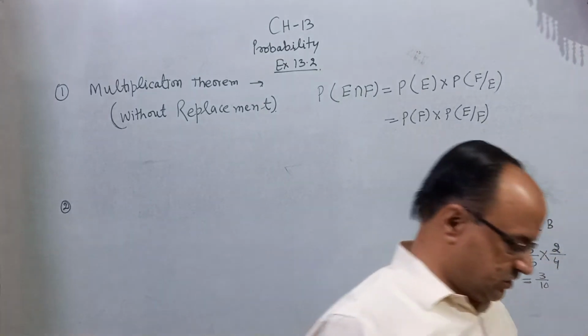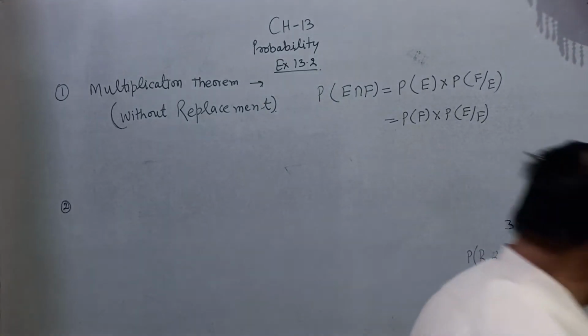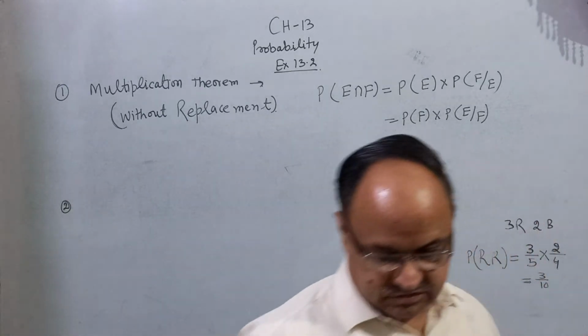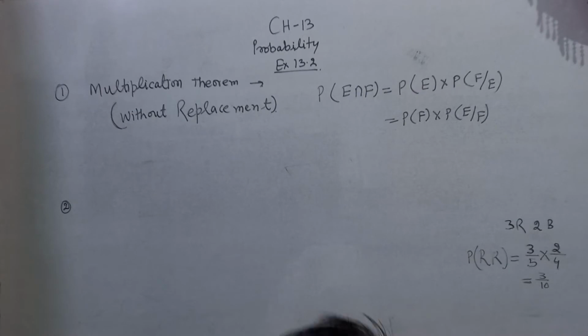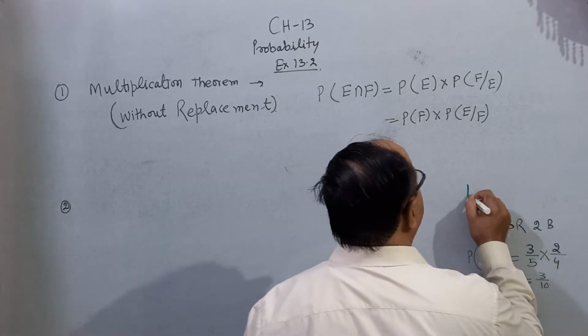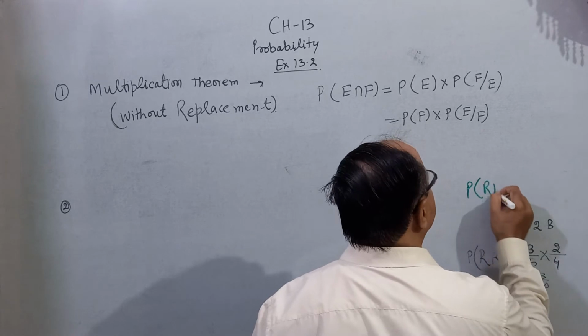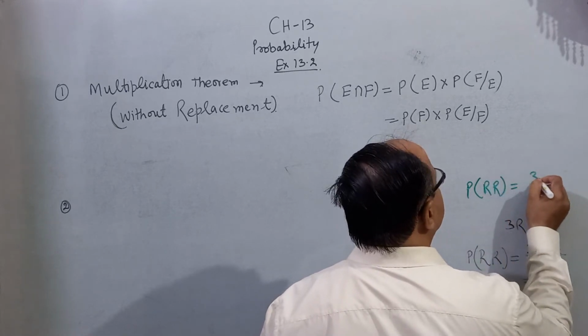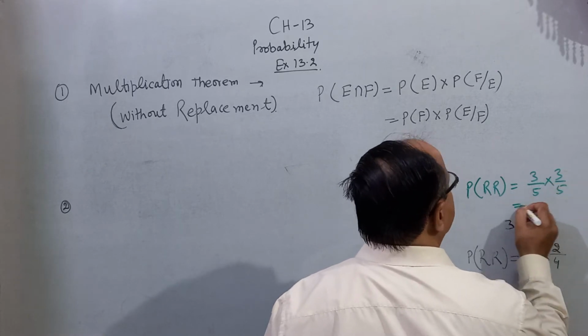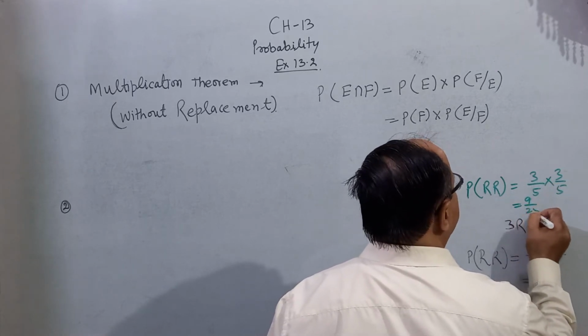Suppose it is the case of with replacement, then the probability of both red balls is 3 by 5 into 3 by 5, that is 9 by 25.